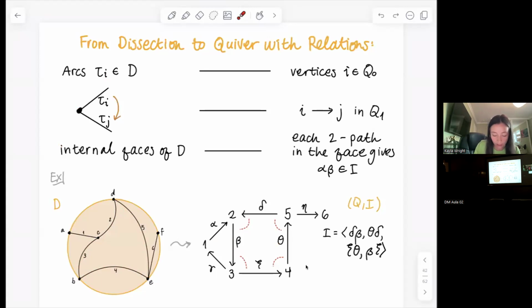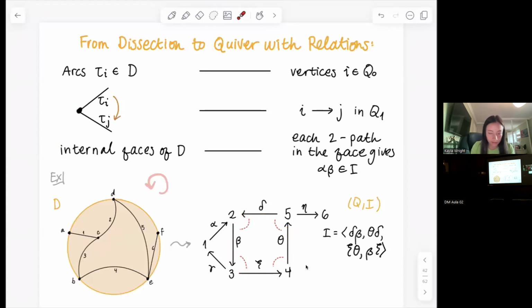If we fix the counterclockwise orientation for this surface, then I have 5 points to 2, 2 points to 3, 3 points to 4, and 4 points to 5. This is the way that I get the quiver quickly. I just look at each face, and then I take the orientation that I've chosen for the surface, and I draw these arrows. So that corresponds to this 4 cycle that you've seen here.